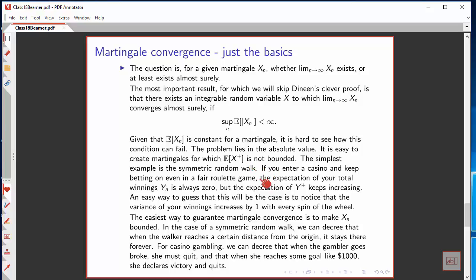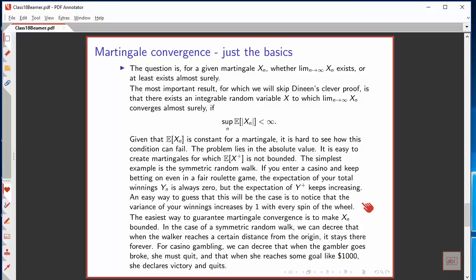You could, for example, go to your favorite casino, keep betting on even in a fair roulette game. Your expected total winnings are always 0, but if you arrange so that if you win, you get to keep your winnings, and if you lose, your debts are forgiven, the expectation of y plus will keep increasing.